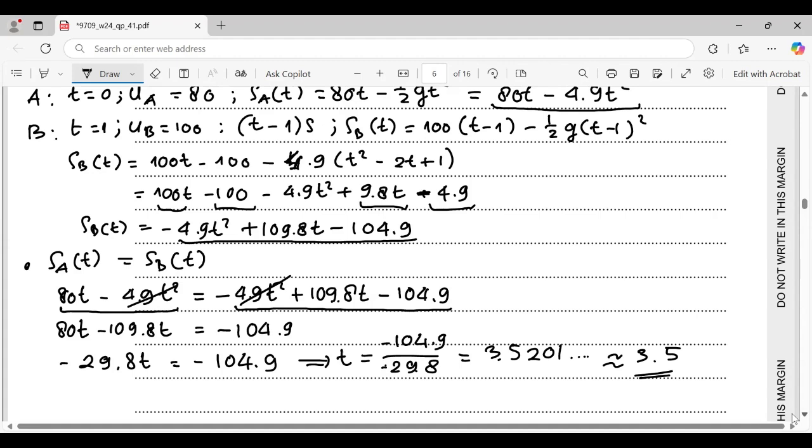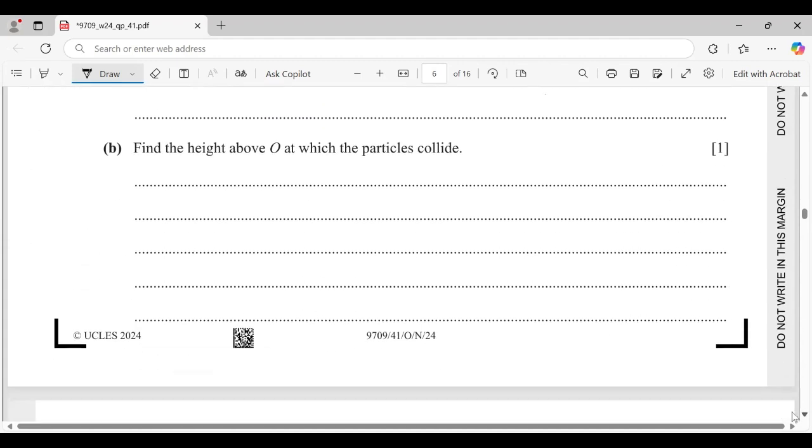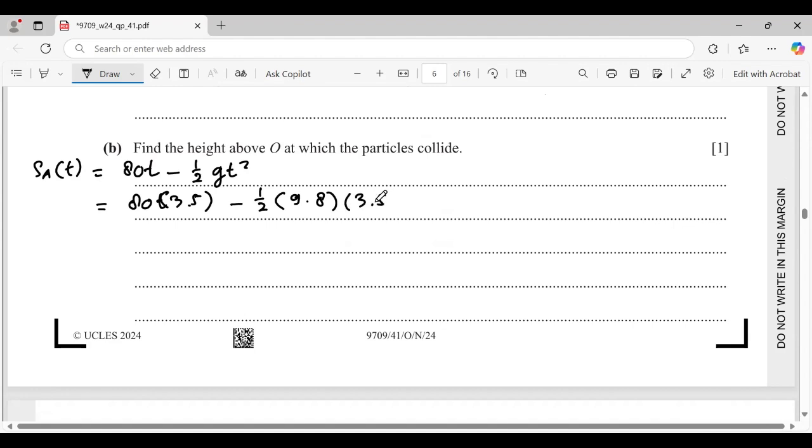Question: find the height above O at which the particles collide. Now use particle A's displacement. Particle A's displacement is this one. Just now I have explained in part A, 80t minus 1/2 gt squared. So it becomes 80 times 3.5 because t equals 3.5, minus 1/2 times 9.8 times 3.5 squared.